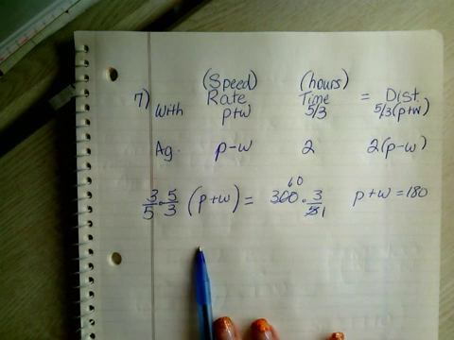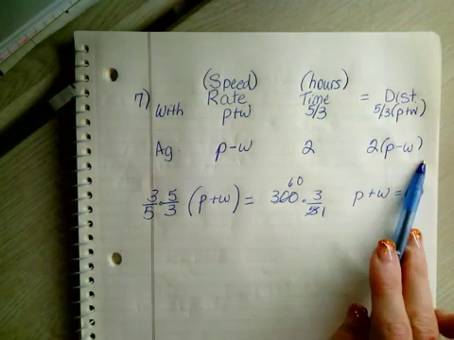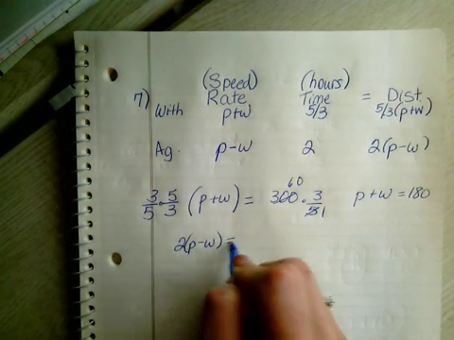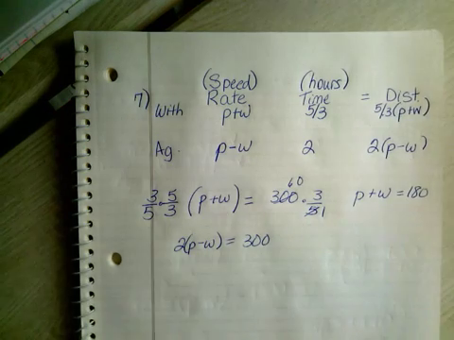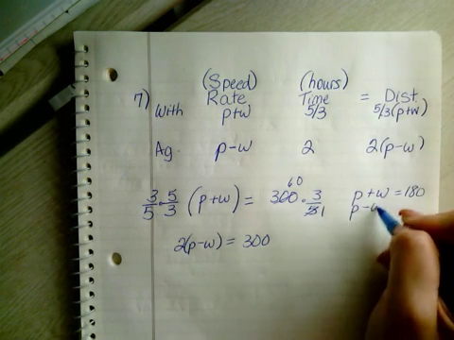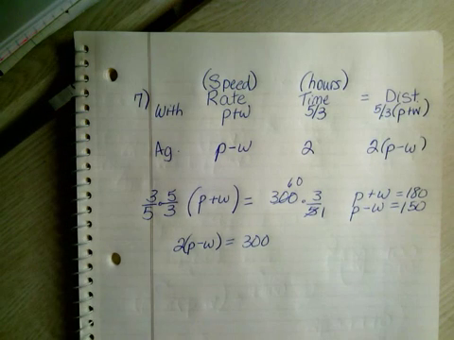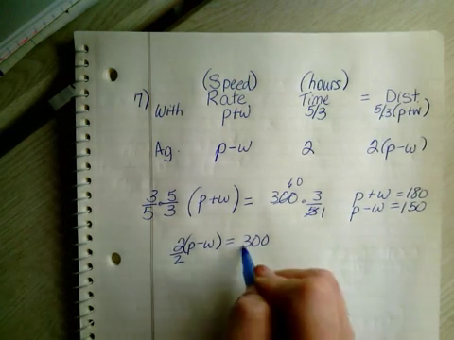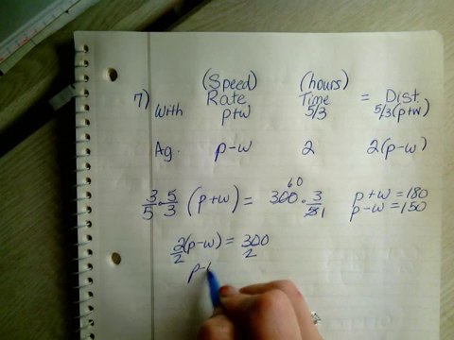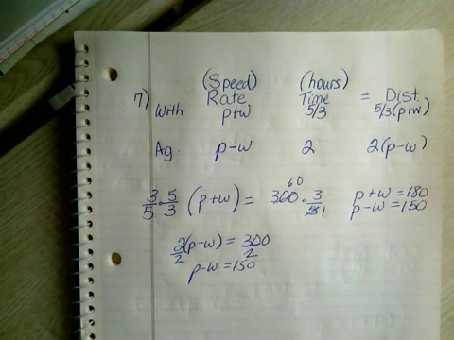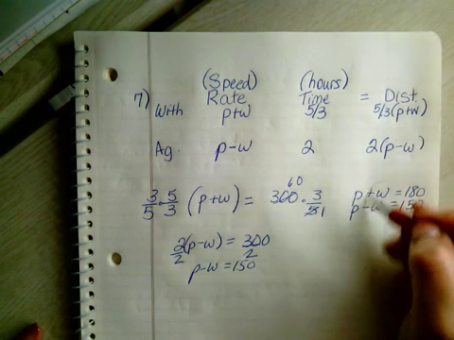The other one: 2P minus W equals 300, otherwise known as P minus W equals 150. Isn't that nice? We divided out our 2. Alright. We've got a nice cancellation already ready to go.